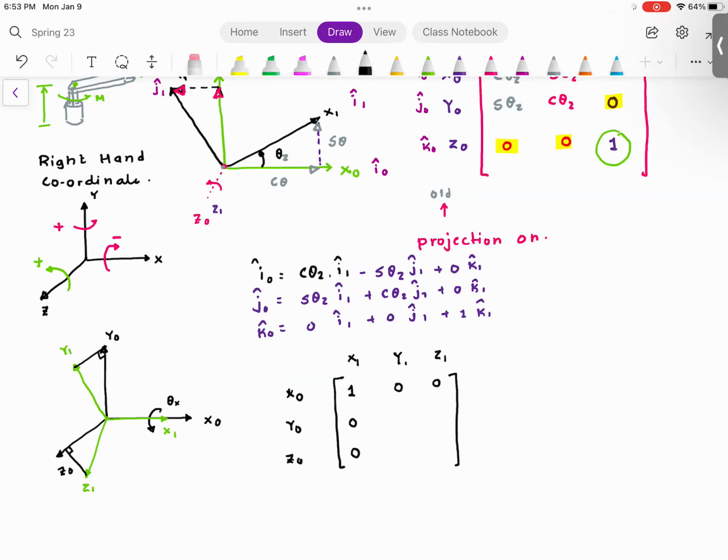So let's look at y1. Projection of y1 on y0. Let's look at the easy part. So this is theta x. This is theta x. Since I've drawn this in 3D, it might look a bit difficult, but it's actually not difficult at all. If you see, this is cosine theta x. Do you agree with me? And you are going in this direction. And this guy is sine theta.